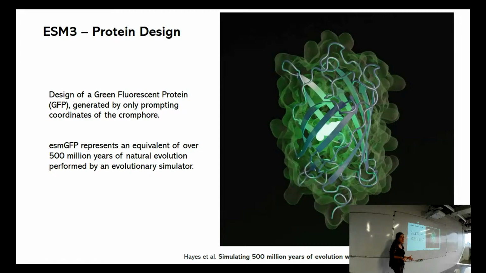They play the game, and what they find is that they generate a protein that is a green fluorescent protein, with a nice structure. It is exactly the protein that they want, but apparently it is very far in sequence from all the known green fluorescent proteins.